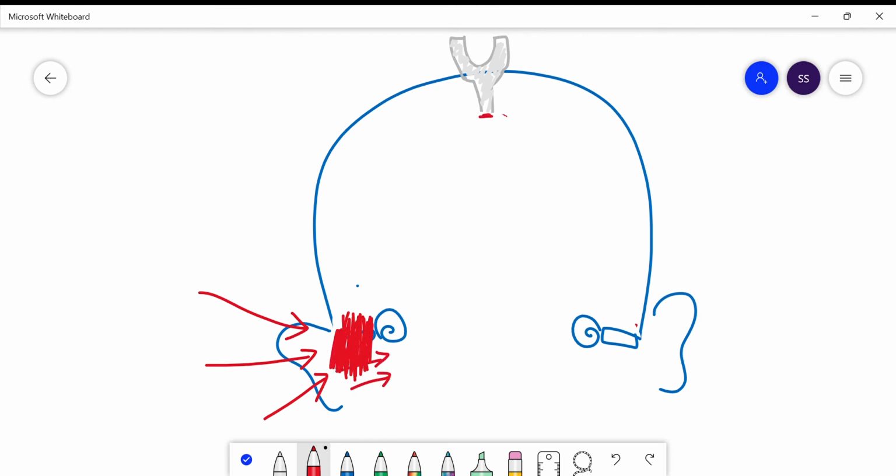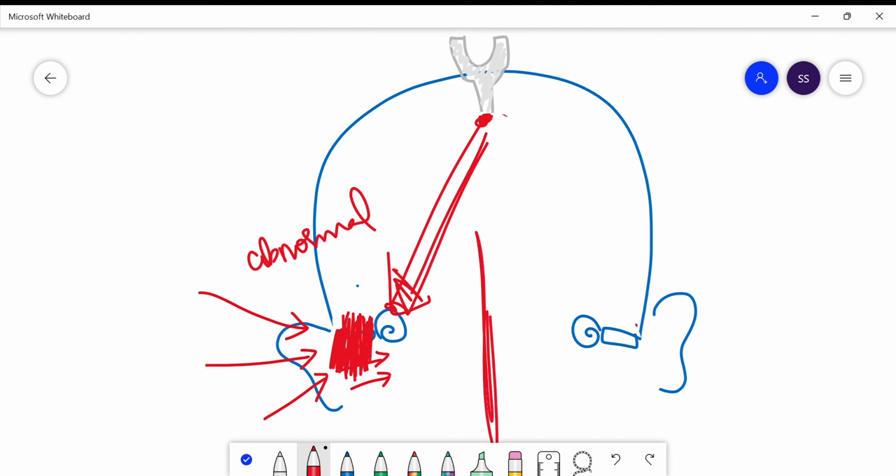So when you put it on the vertex, it's heard better on the side that is actually abnormal. Take this patient for instance, he has right-sided conductive hearing loss, and the vibration of the tuning fork is going to be heard better on the right side because there is a loss of that disturbance. So that's about it for Weber's test.